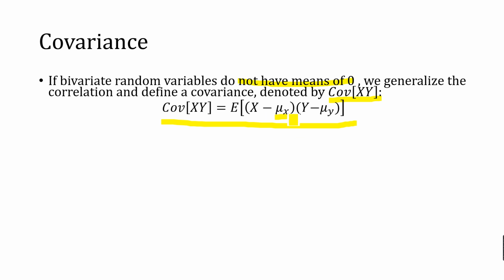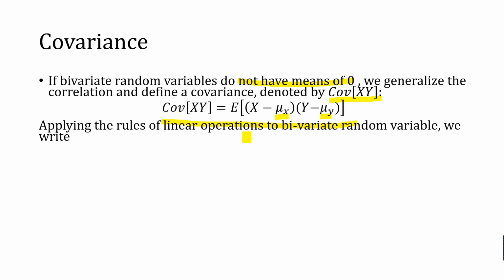Here mu of x is the mean of random variable x, and mu of y is the mean of random variable y. X is a random variable, y is one more random variable. Covariance of x and y, if the means of those two are not equal to 0, can be defined using this equation.